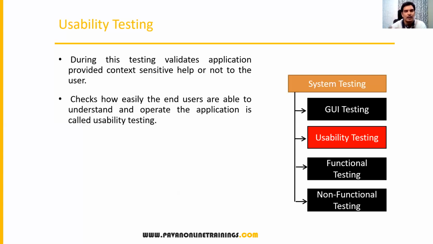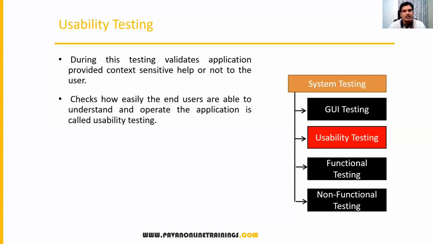And even if you buy some products, right, you will get the user manual. So why do we get the user manual? Because it contains the functionality, how the application works, how we have to work with the application. So before using the product, we will read the user manual, because we will get the understanding, the knowledge, of how we can use that application or product. Same thing here.